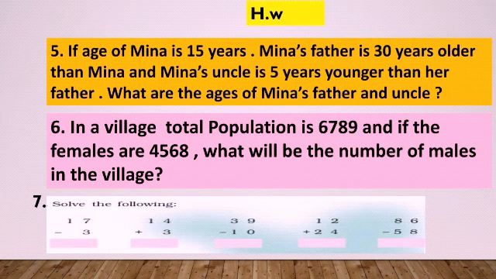And the sixth question: in a village, the total population is 6,789, and if the females are 4,568, what will be the number of males in the village? And there are also a few questions from your book. It is very easy. The four addition and subtraction questions are there. You have to solve them and write the answers in my comment section.